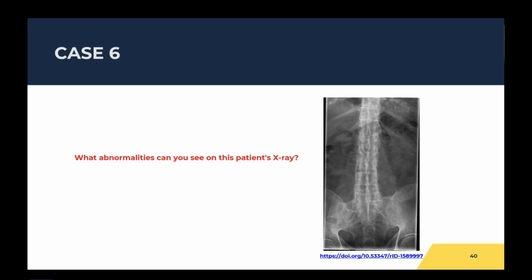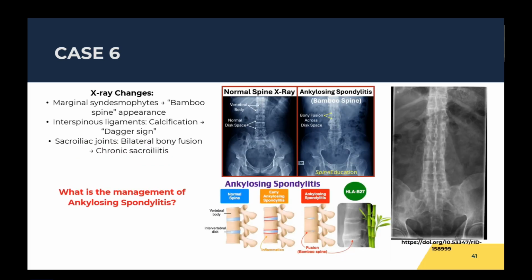So if I just go through the answers then. Firstly, this is an AP view of the X-ray. On a normal X-ray, you can see that there should be spaces between the vertebra, which is where the intervertebral discs are, and there's loss of the intervertebral disc space.